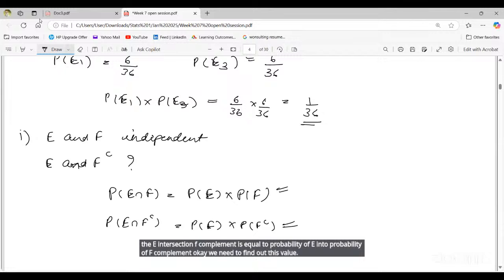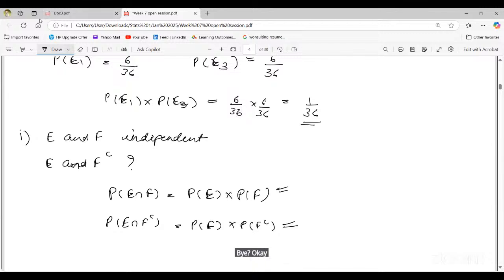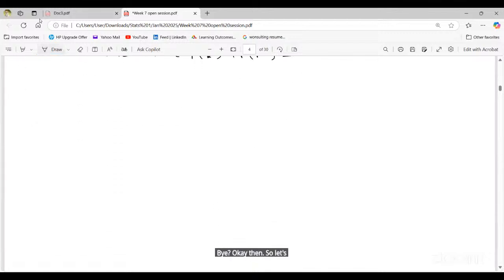We are assuming that E and F are independent.